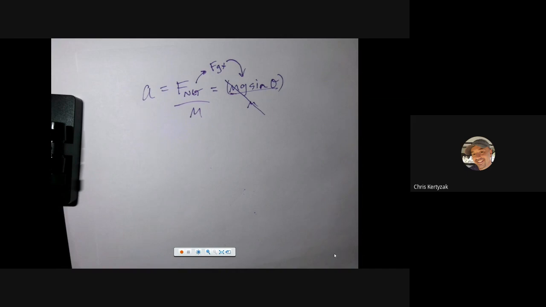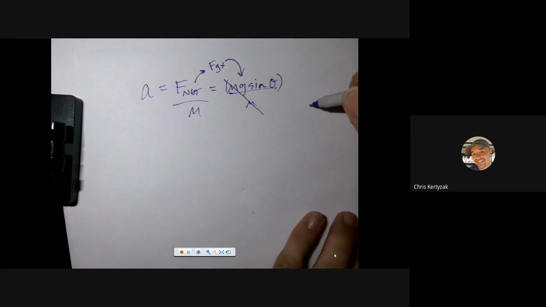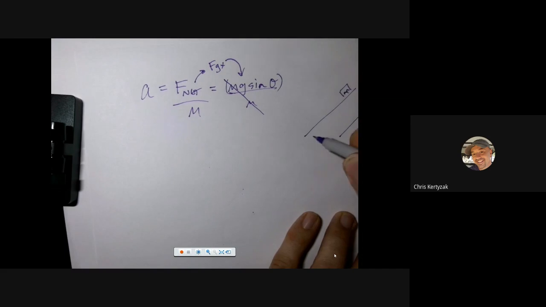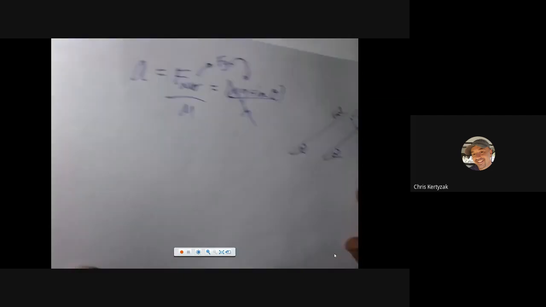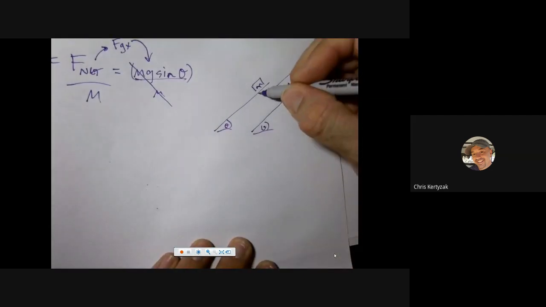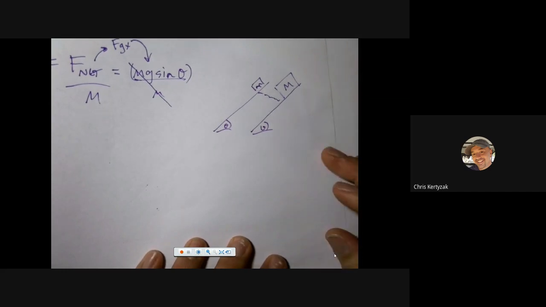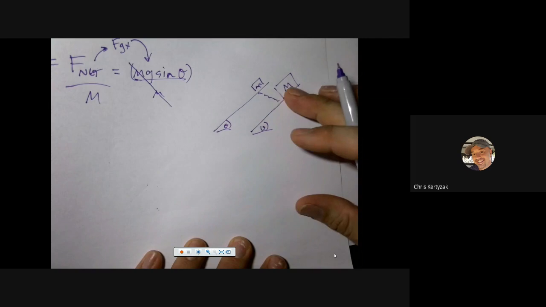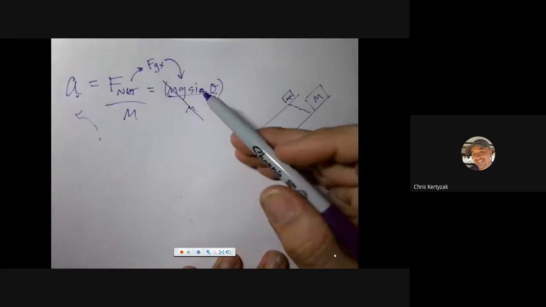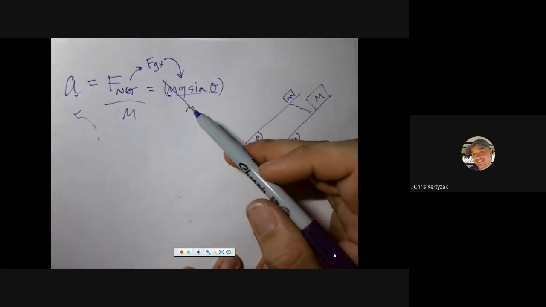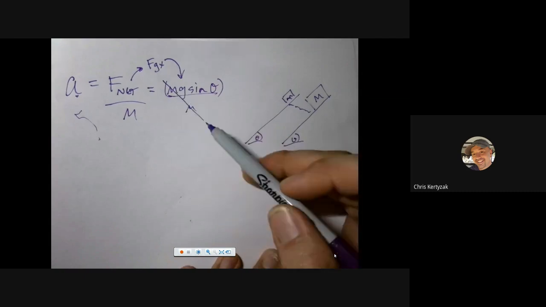It's claiming that if you had one ramp like this, and another similar ramp with the same angle with a much heavier object on it, and both were frictionless, and you release them from the same spot, they would go down the ramp at the same rate. They'd be side by side, gaining speed at the same rate. Their acceleration would not depend on their mass. We say it is independent of mass, and the indication is that the mass cancels.